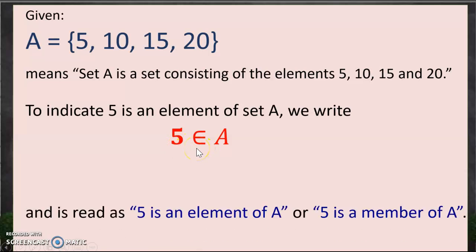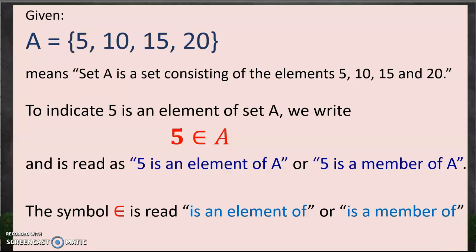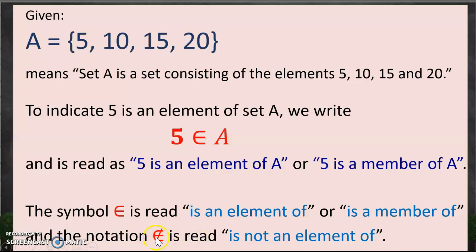Then we will read it as 5 is an element of set A, or 5 is a member of set A. So 10 is an element of set A, 15 is a member of set A, 20 is a member of set A. Next, this symbol is read as is an element of or is a member of. Then this symbol, with a slash, means is not an element of.